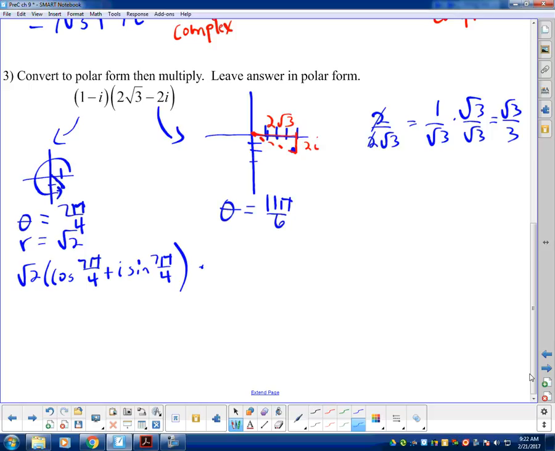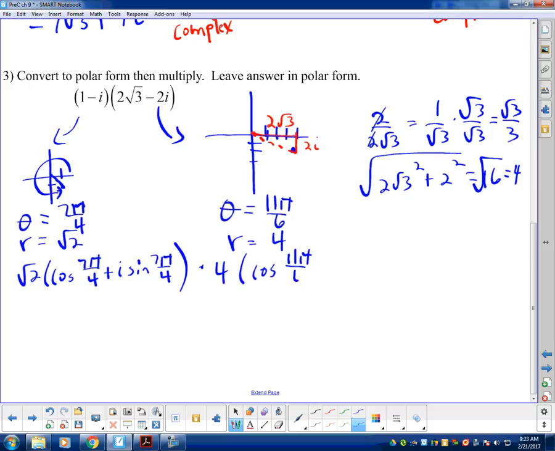r is equal to the square root of 2 root 3 squared plus 2 squared. 4 times 3 is 12, plus 4 is 16. Square root of 16 is 4, so r equals 4. So I'm multiplying this by 4, cosine 11 pi over 6 plus i sine 11 pi over 6.